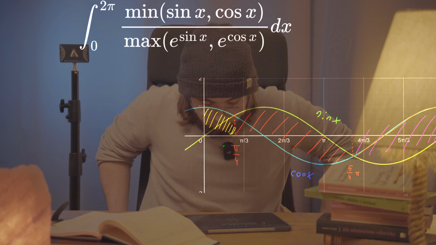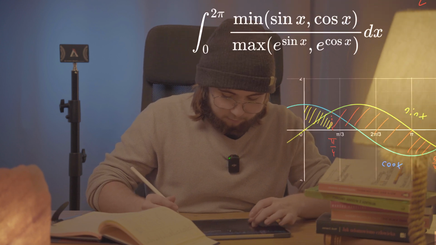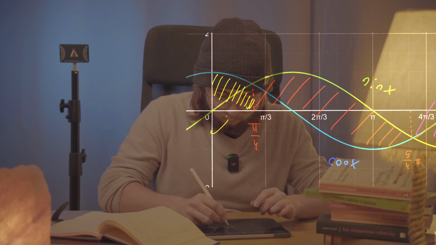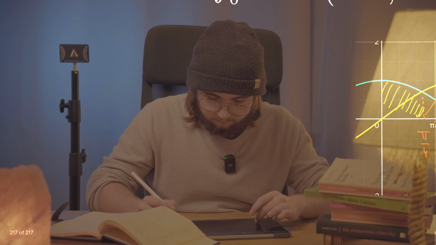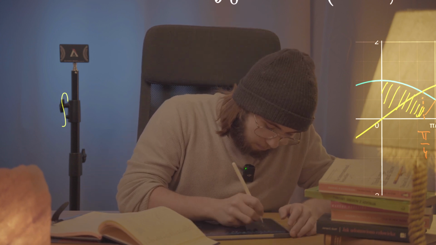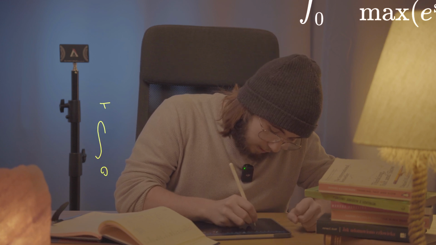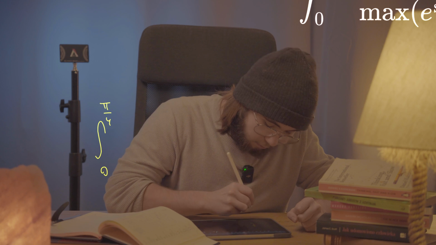First of all, the interval between 0 and pi over 4. I'm going to do it in yellow so you know what interval I'm actually getting at. So the first one is the integral between 0 and pi over 4.